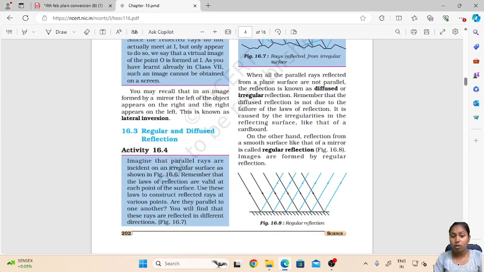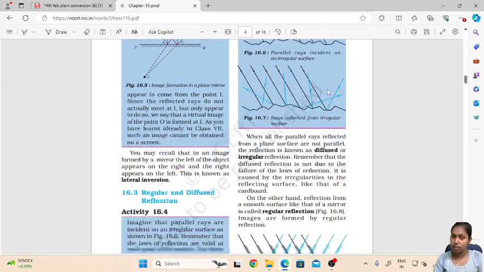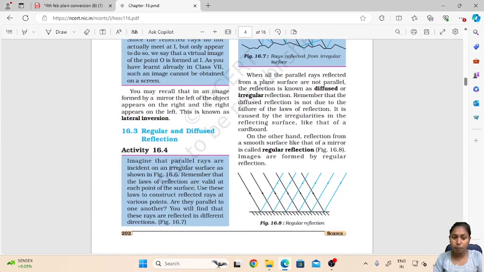You all remember the law of reflection, right? It states that the angle of the incident ray and the reflected ray are equal. However the surface is, this law is valid for each surface.